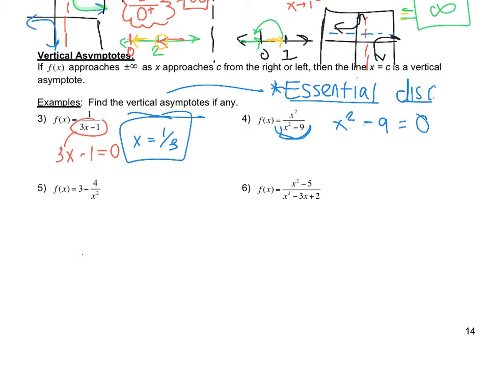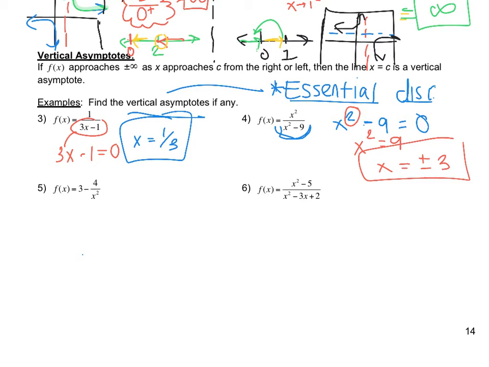You should hopefully recognize that this is going to give you 2 different x values. So this function has 2 vertical asymptotes. If you add 9 to both sides, you get x squared equals positive 9, which means you get vertical asymptotes at positive and negative 3. So make sure you're cautious about those quadratics in the denominator, because they result in 2 answers for x.